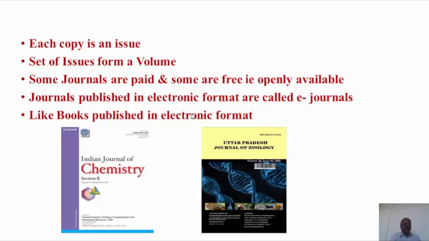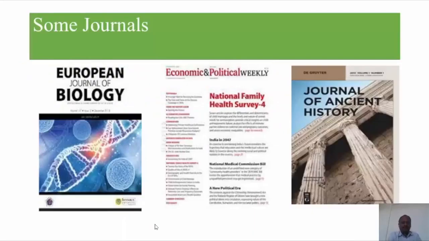Journals that are published in electronic format are called e-journals, and like books that are published in electronic formats, they are also called e-books. See, some journals I have taken some snaps, screenshots.